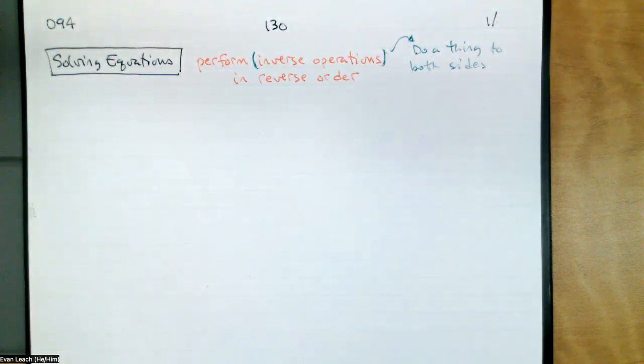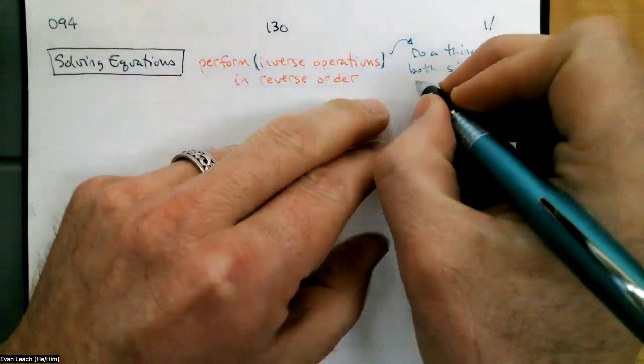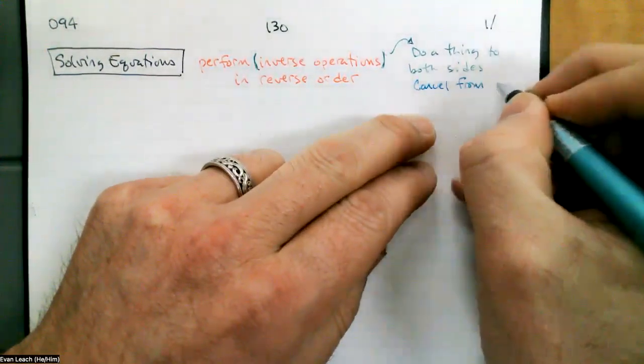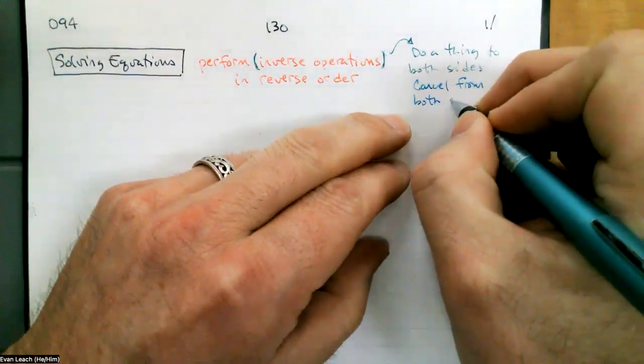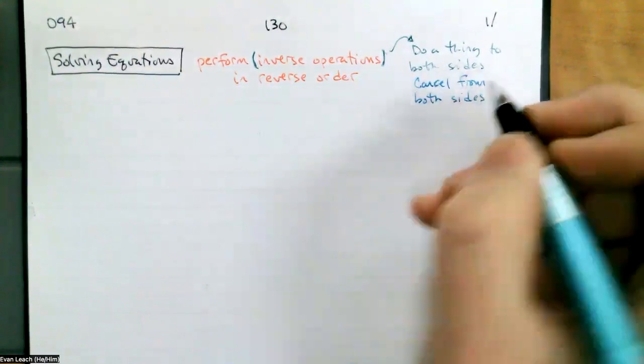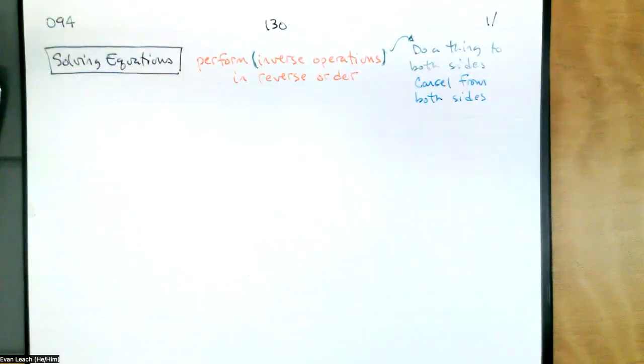You might have used language where you cancel something from both sides. A lot of times we think about canceling stuff out. I do not favor this language very much. I do not like talking about canceling something from both sides, but it's language that you might have grown up with.